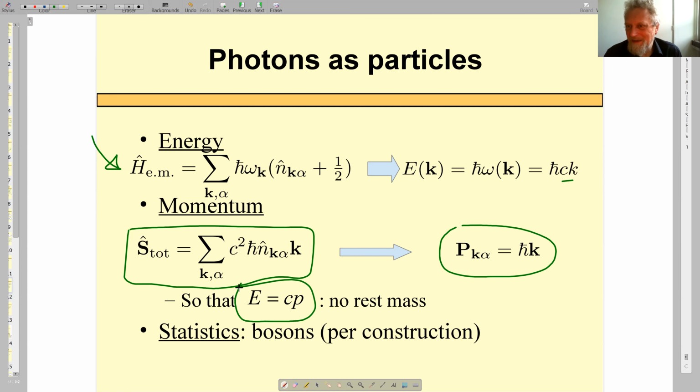There's no mass at rest for photons. That is a sign of special relativity theory. What about statistics? Just by construction, these particles are bosons. One cannot make fermions from a classical field, fortunately or unfortunately.